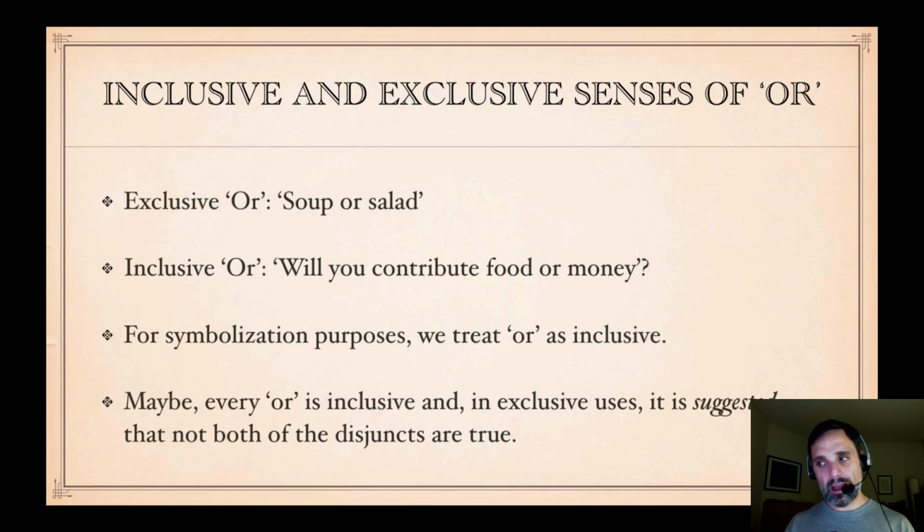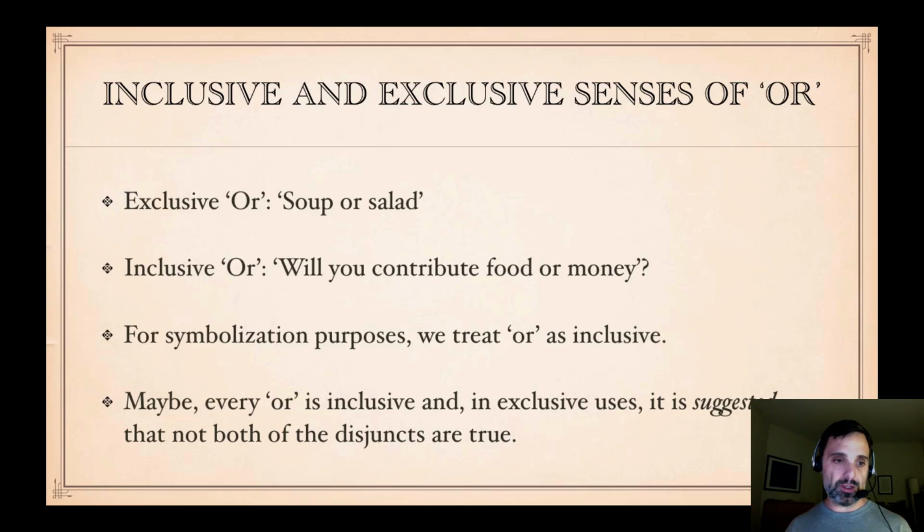In particular, the sentence meaning itself, and that's all we're trying to capture when we symbolize, all English ors may be inclusive, and it's a fact about how it's being used in its context when it's said in a particular case, and it has the exclusive character about it. That's a further implication of the use having to do with the particular person who's saying it to the particular people who are hearing it, and some background knowledge that they share and so on.